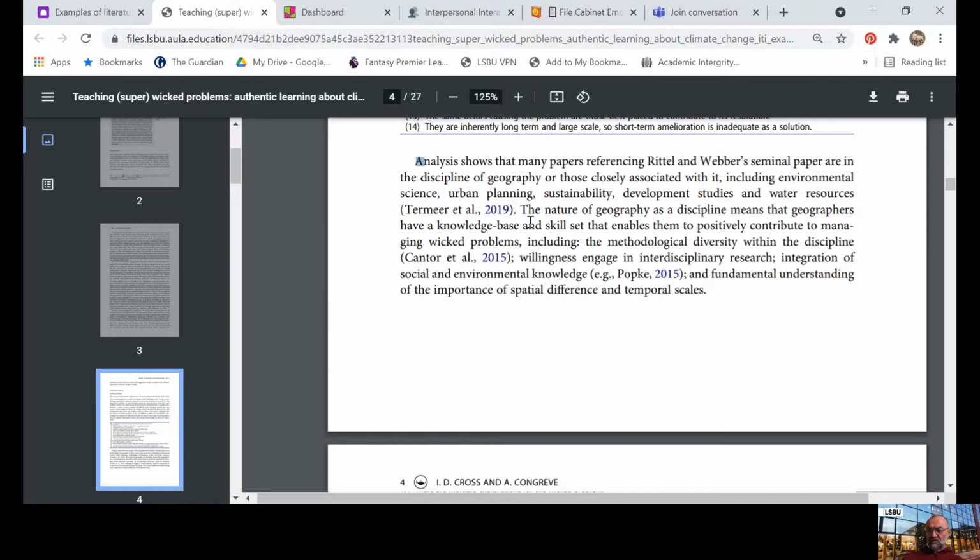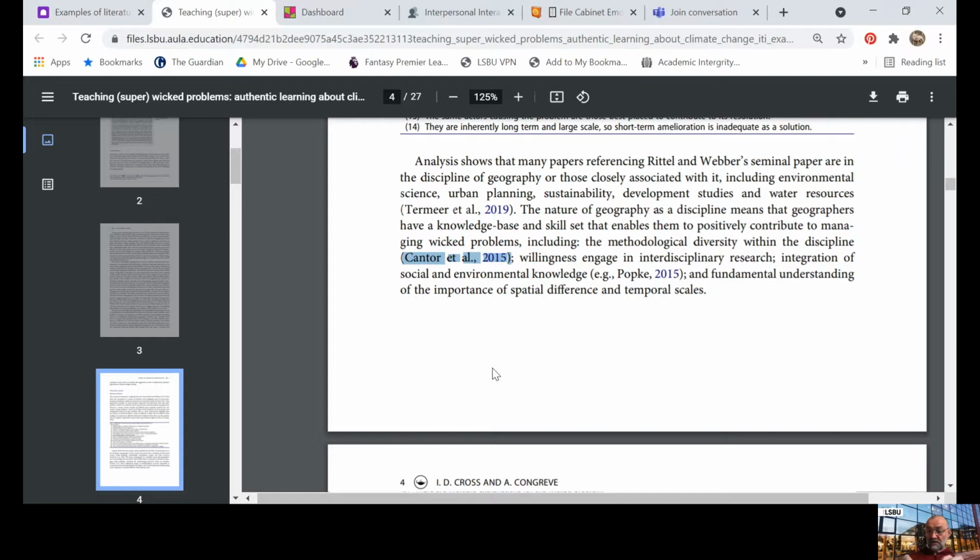Next sentence: the nature of geography as a discipline means that geographers have a knowledge base and skill set that enables them to positively contribute to managing wicked problems, including the methodological diversity within the discipline. That idea comes from Cantor et al. So the authors of this journal article have summarized there what Cantor et al. say about geographers' skill set.